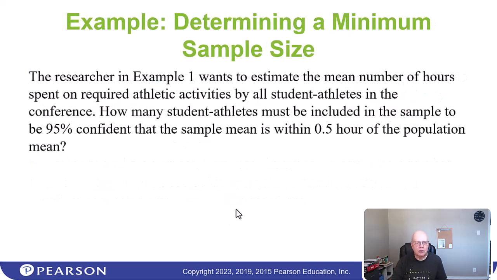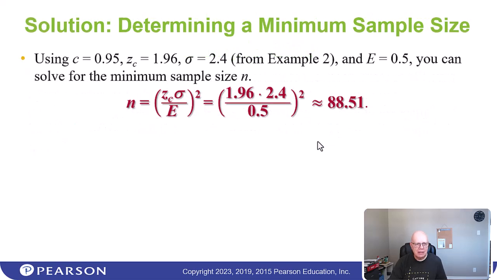Okay, so what are we talking about? Well, here's an example where we want to find out how many student athletes we have to be getting in our sample. We want to be 95% confident. Our maximum error is 0.5. So here we go.